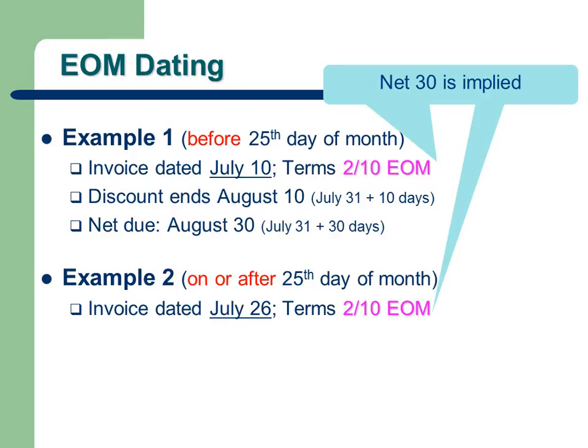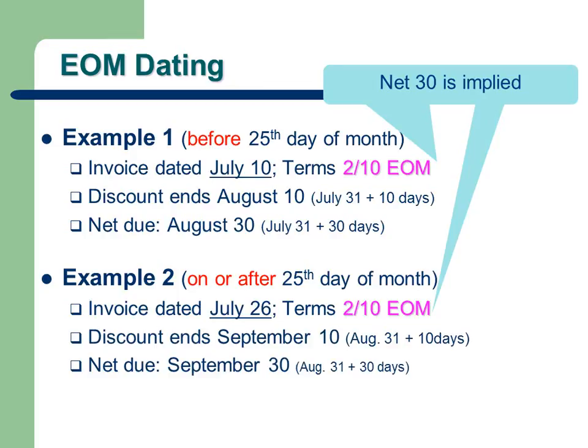And because the invoice date is July 10th, which is before the 25th day, the EOM is July 31st. So that means the net amount due will be 30 days from July 31st, which makes it August 30th. So that way we can calculate the last cash discount date as August 10th and the net amount due date to be August 30th.